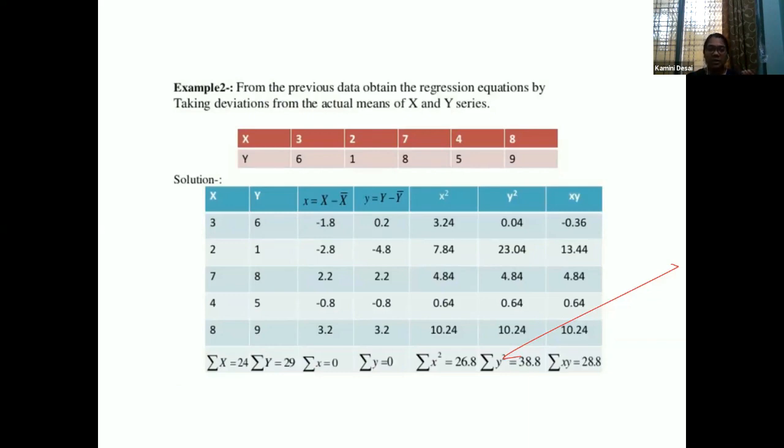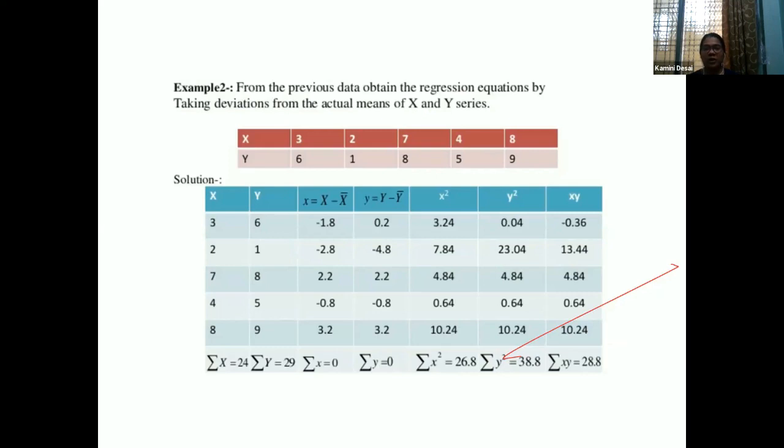This is the regression equation obtained by taking deviations from the actual mean. Here we consider x bar as the actual mean, that is 24. If you calculate 3 minus 24, what is the answer? Not the sum, that is the sum of x. Anybody tell me what is the x bar value? We have seen before how to calculate the mean for x and for y.